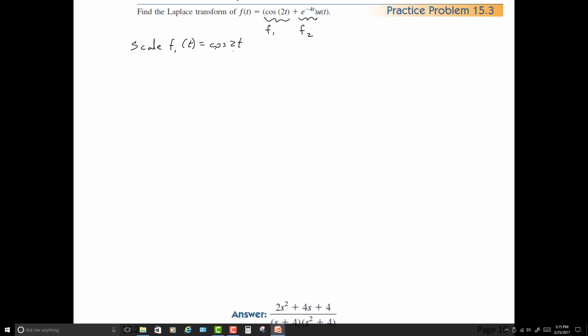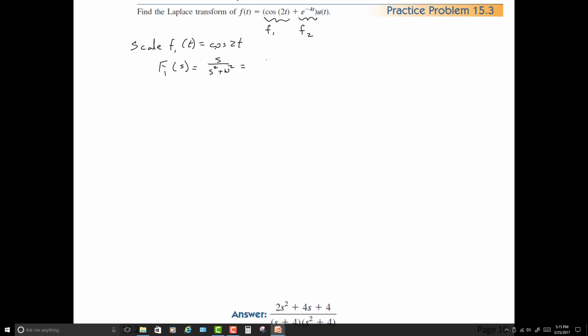So we're going to work with the cosine of t function and scale it. So F1(s) is then equal to what? s over s squared plus omega squared.